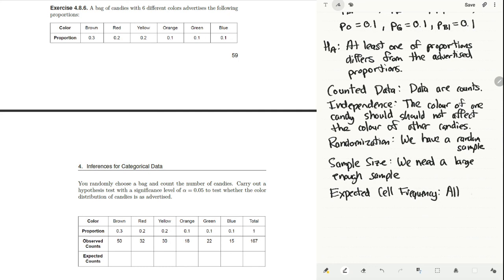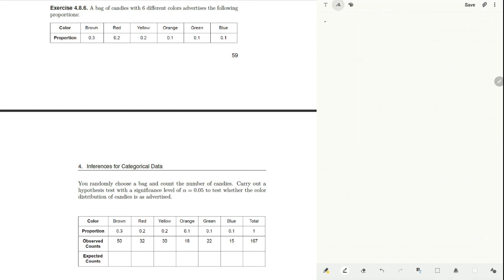So all of the expected counts are greater than 5. And so this condition is met. So now we can calculate our test statistic.